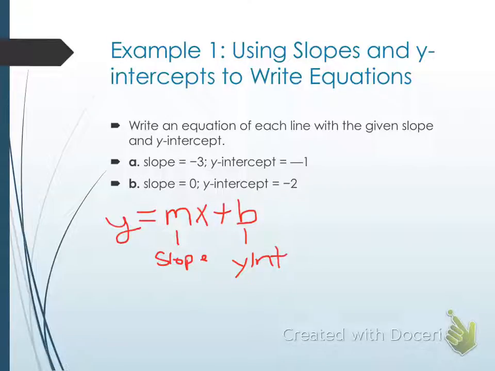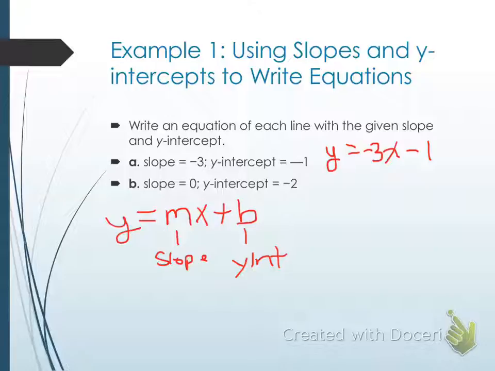So with this information given to you, for this first one, y equals, my slope is -3, so I just put -3x. My y-intercept is -1, so I just write -1.